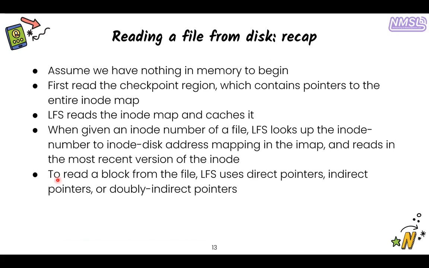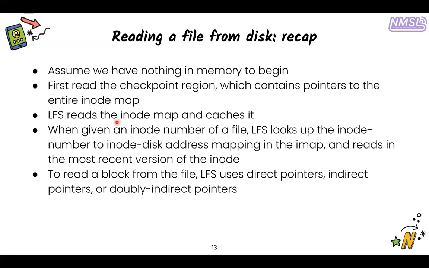With that, let's do a recap. Let's say we want to read a file from disk, and assume that initially we have nothing in memory. First you go to the checkpoint region, because that contains pointers to the entire inode map. Then it reads the map, and let's cache it, because you're probably going to need it often.